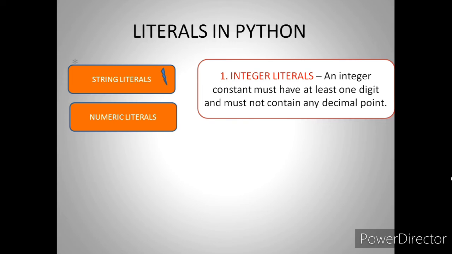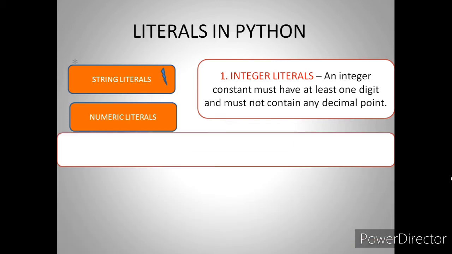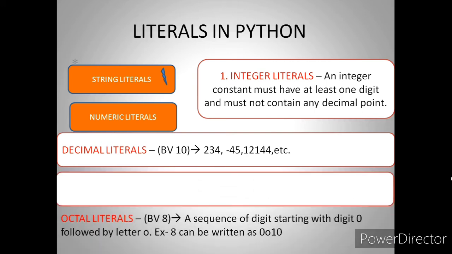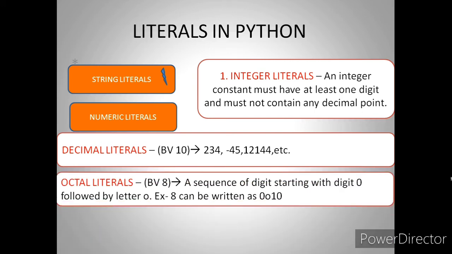We have all come across these in data representation, these integer literals. The very first we discussed was decimal literals, which have base value 10. It can be any number, 2, 3, 4, -4, 5, or any number. Then we also came across octal literals, where the base value was 8. How will you know that it is an octal literal?